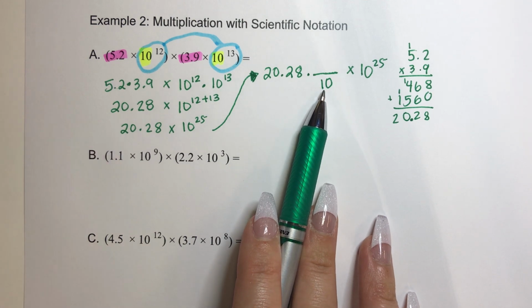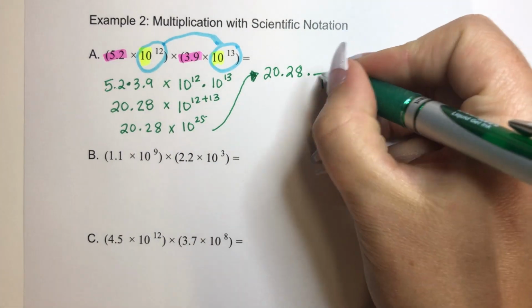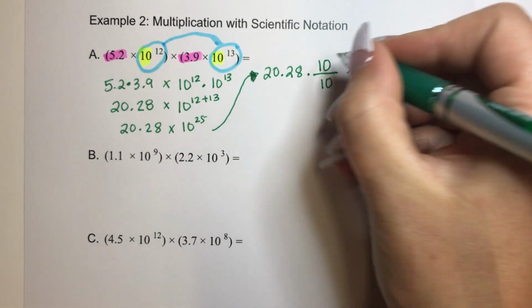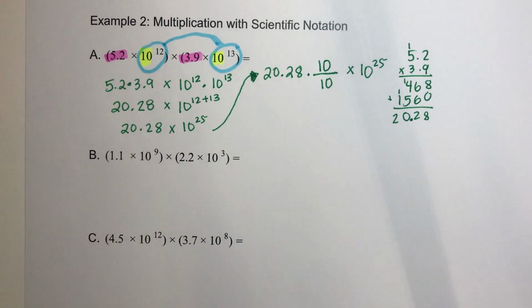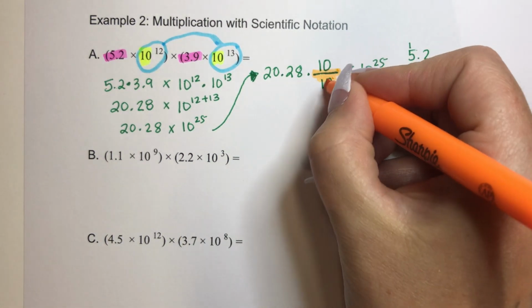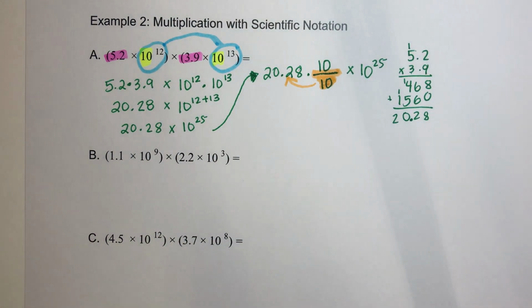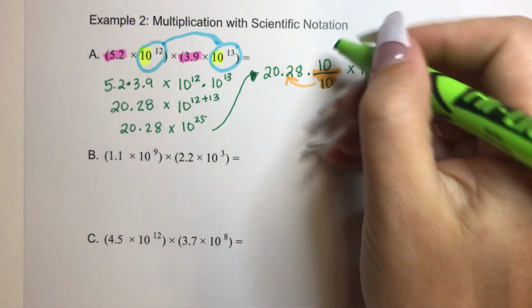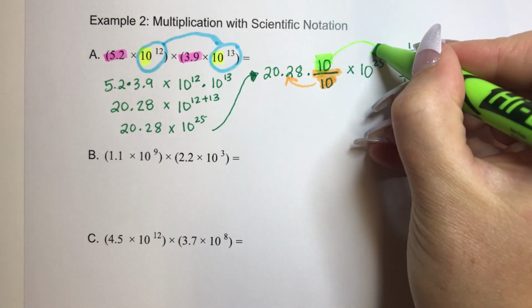I have to divide it by 1, but I'm writing 1 in a different format, right? If I divide it by 10, I also have to multiply by 10 because 10 divided by 10 is 1, and I can multiply any number by 1. The divided 10 is applied here, and the multiplied 10 is going to be applied over here to this power.